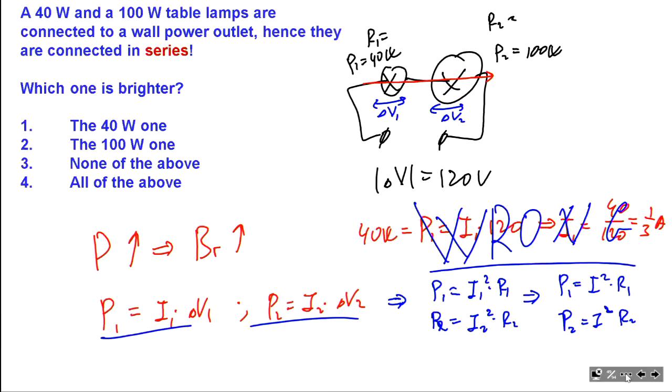Now we can see that in this situation, for the connection in series, the power is based on the internal resistance of the bulb, which means the brightness. And, well, this is what we need, the resistance. And this is what we don't know.